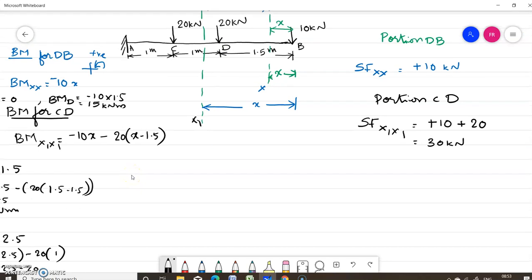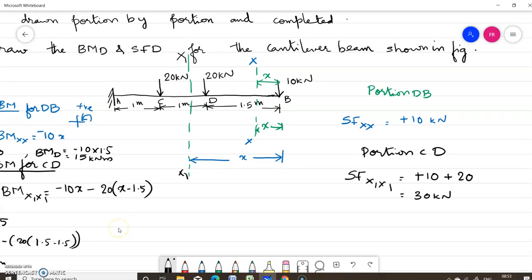Now we have to consider another section line, X2, at a distance small x from the right support. We can write the shear force at X2. This is equal to plus 10 plus 20 plus 20, which is equal to 50 kilonewton.